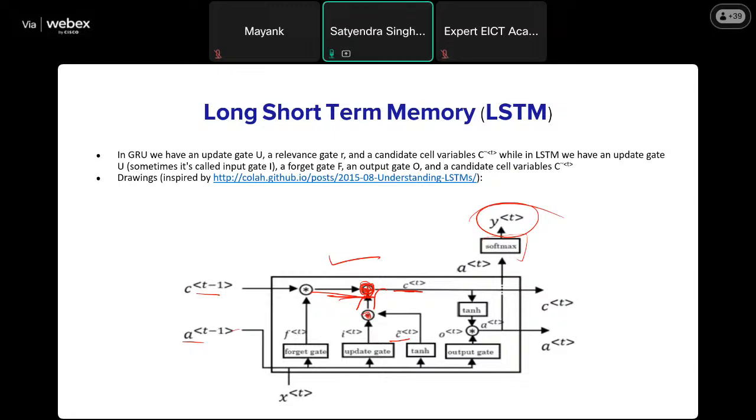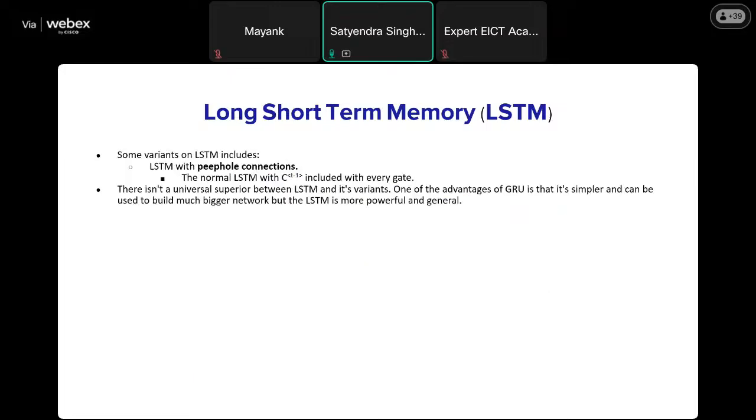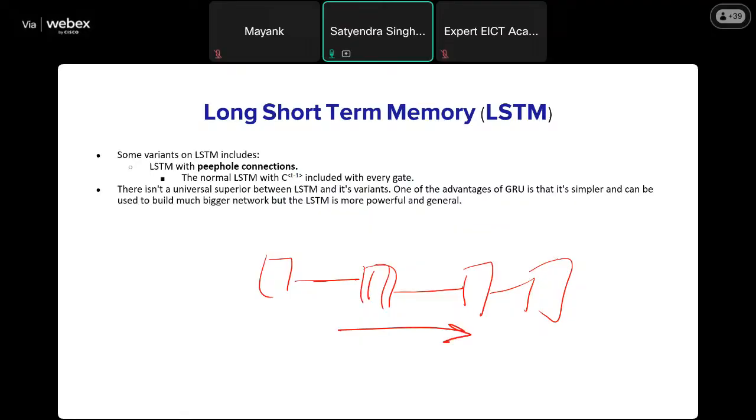And GRU and LSTM. Further, there are some variants called bidirectional LSTM and bidirectional GRU. Right now, what we have seen is that we pass the context information in one direction only. This is useful when your output is only dependent on the previous contextual information.